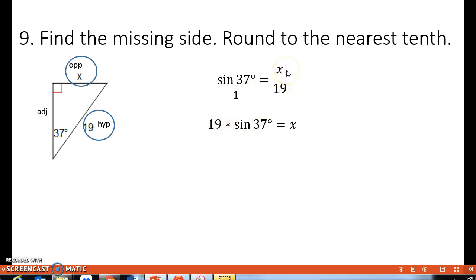If it's on top, I'm actually going to divide. But as long as I type that number in first, I know I'm on the right track. But 19 times sine of 37, I can type straight into my calculator. I get 11.4. Make sure for your side you're rounding to the nearest tenth. For your angles, you're rounding to the nearest whole number. Again, pause if you want to go ahead and do a few practice problems, or you can keep going through the video and go back and do them all.